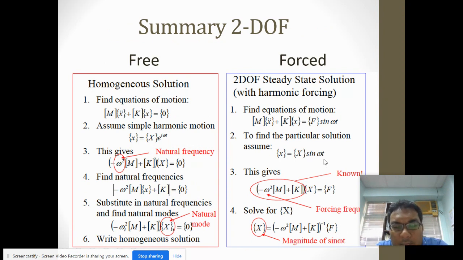Okay, so I want to highlight the differences between the free and the forced vibration. Actually, the free, what is different? For the free vibration, we found the first step is to find the equation of motion, in terms of this matrix, and then we get into this trial function.